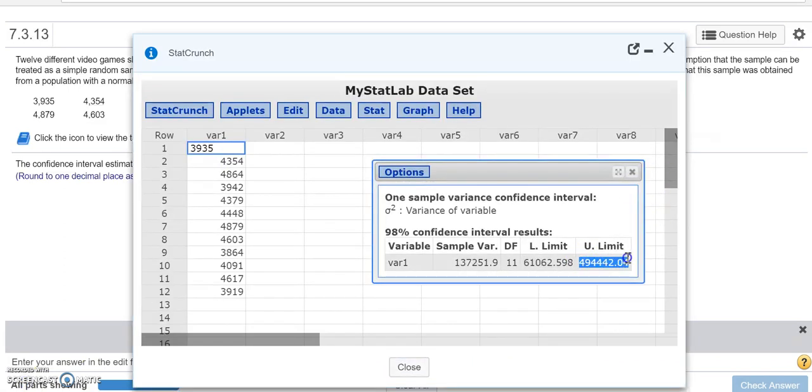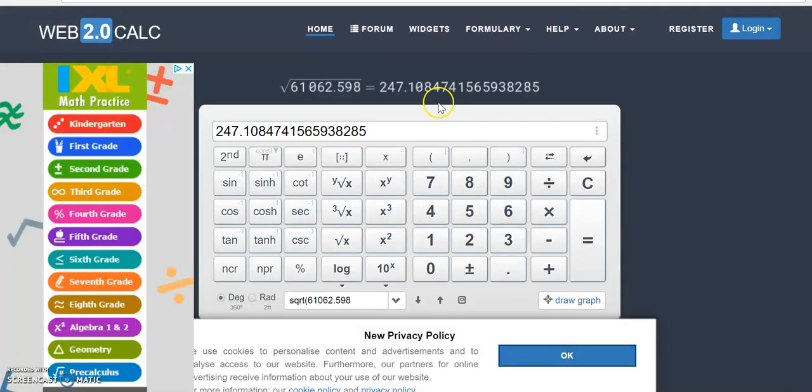We're going to copy the upper limit and go to the calculator. Let's clear that. I want the square root of that number. So 703, and now I'm going to have to round this up to a 2, because the digit that comes after it is a 6.